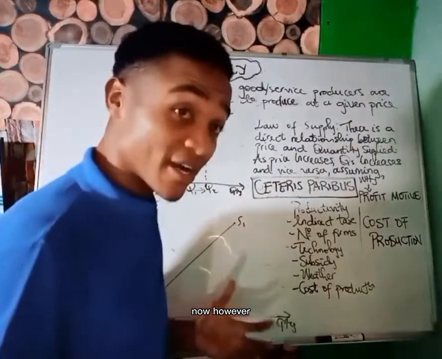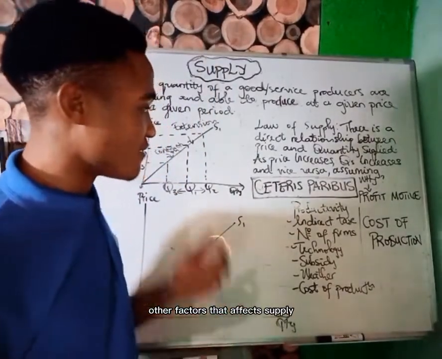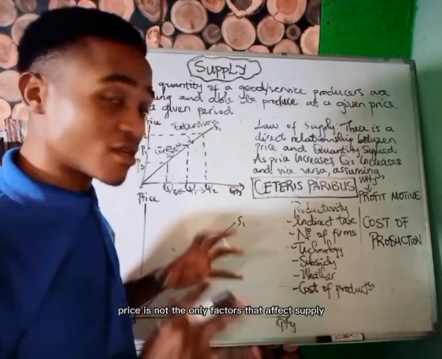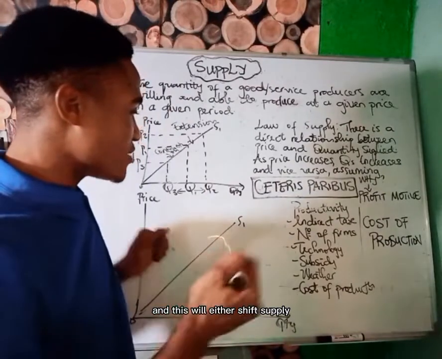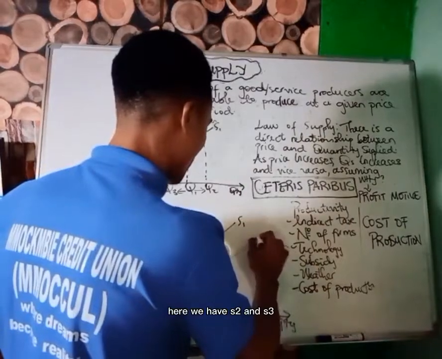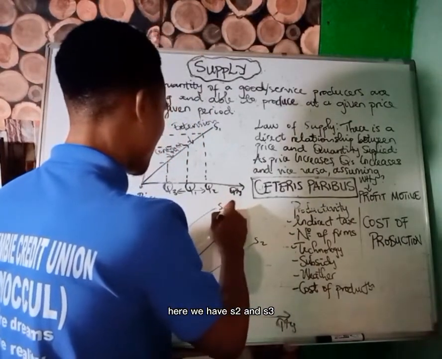Now, however, there are other factors that affect supply. Price is not the only factor. Other factors will shift supply either to the right or to the left. So here we have S2 and S3.